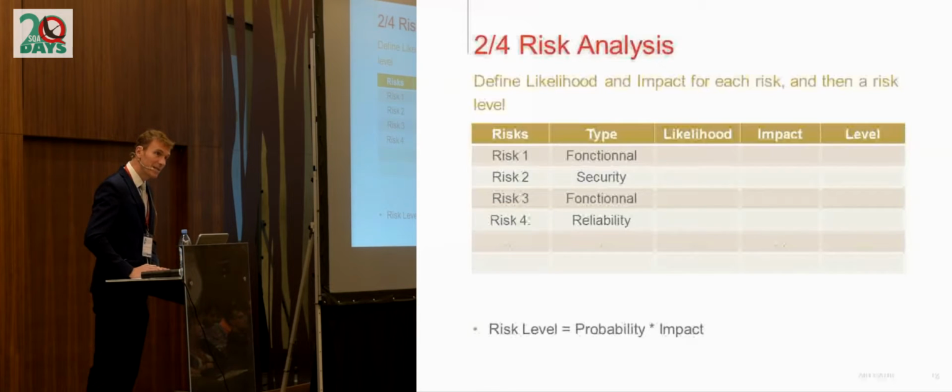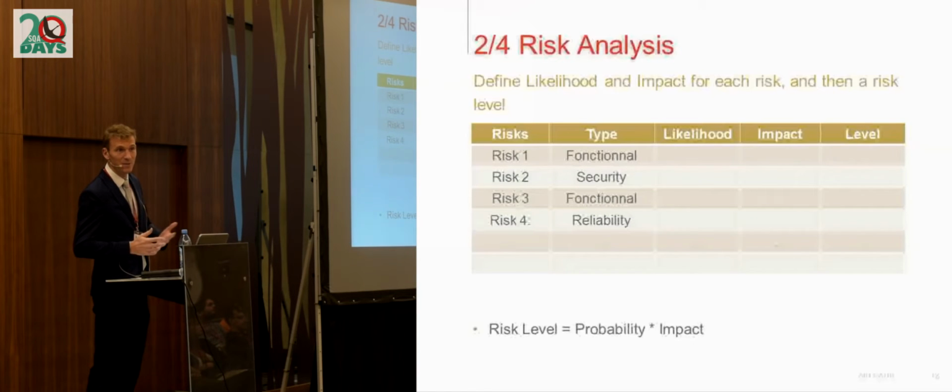Then the next step is the risk analysis. And the goal of this second step is to assess for each risk the likelihood. Is it very, very likely to happen, or is it not very likely to happen? Likelihood and impact of the risk. What is the impact if the risk really occurs?